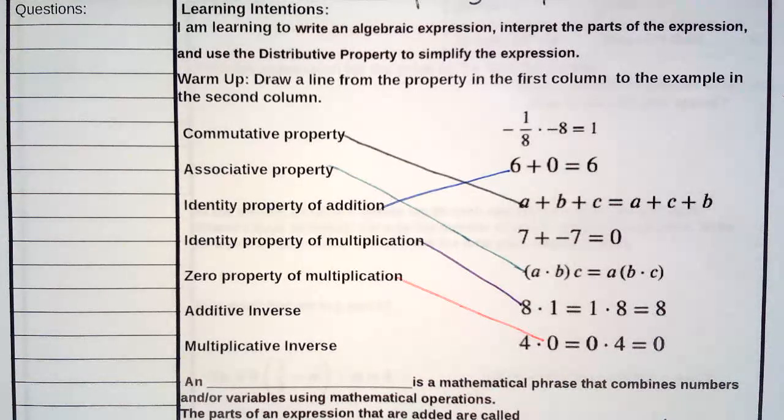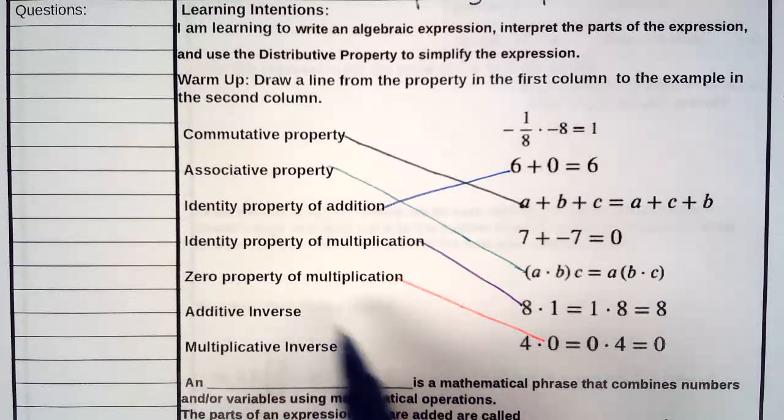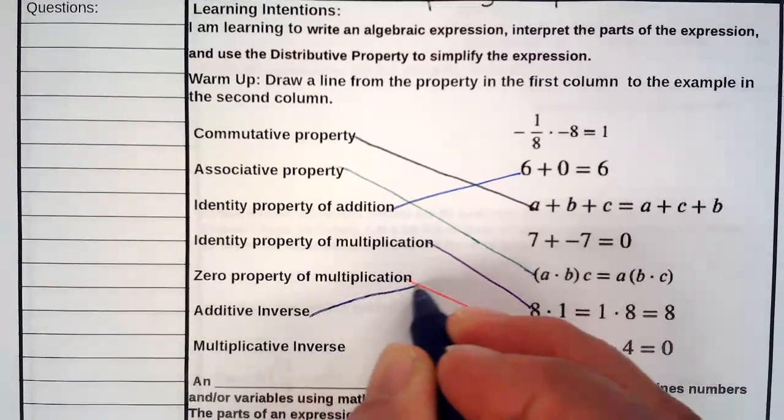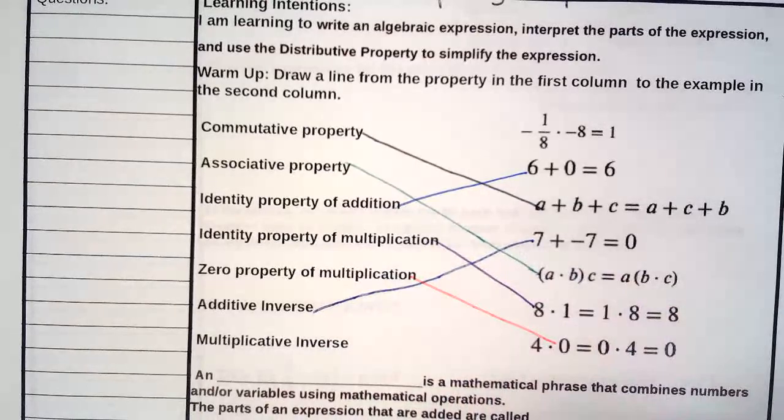Additive inverse. Think of inverse as reversing. What would be the opposite of? So if you're looking for your additive inverse, which one would it be? If you said it would be the opposite, you'd have 7 plus negative 7, which would be what you're looking for.